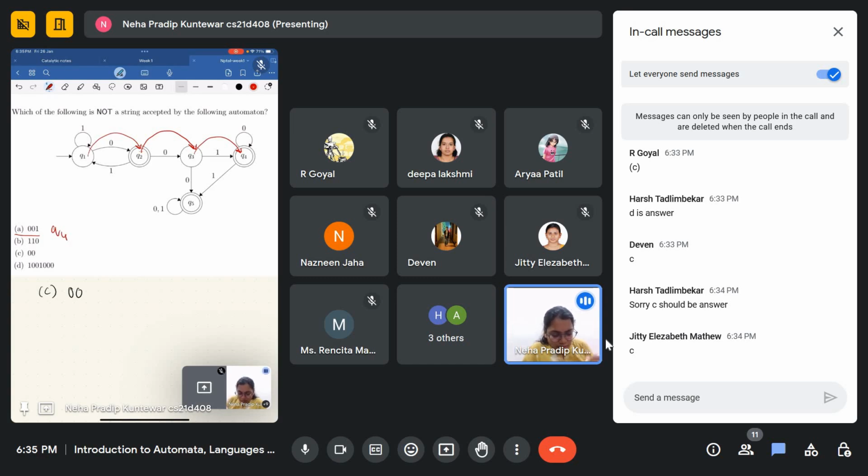Now maybe I won't go over all of them, but I'll try C. If you read a 0, you go to Q2. If you see a 0 again, you go to Q3, and Q3 is not a final state. So you would not accept the string, and hence it would not be in the language.